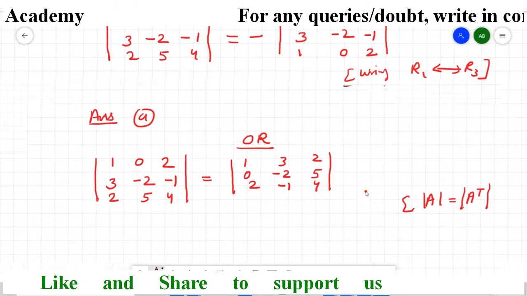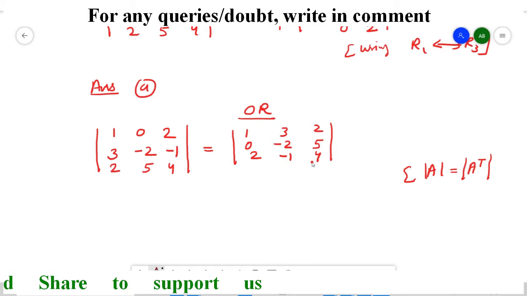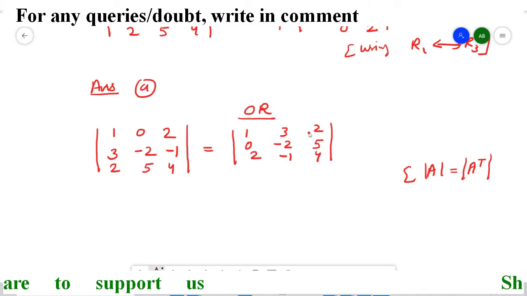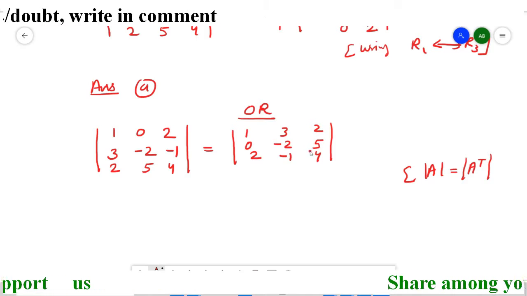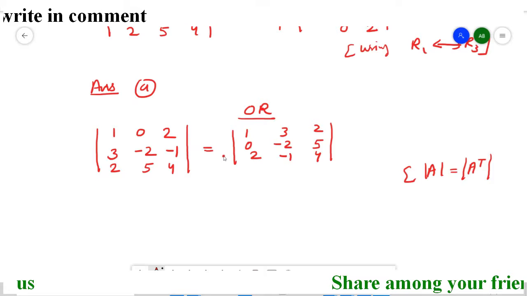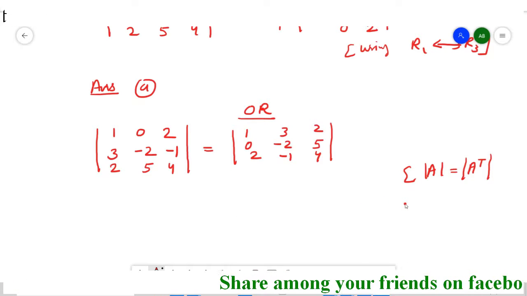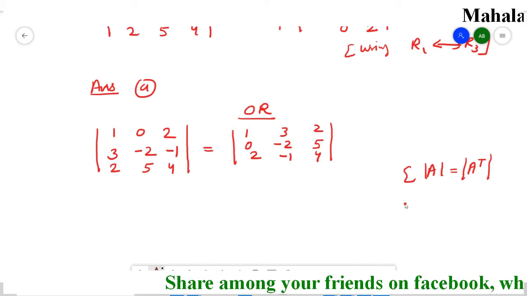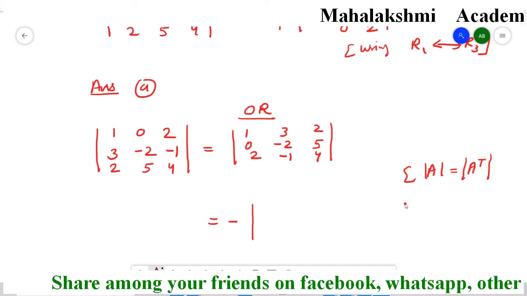Now after doing this, you just exchange the first row and the third row. When two rows mutually exchange, a negative sign appears in front of the determinant. Negative means sign changes. If it is positive, then it converts to the negative. So minus sign, because I am going to change the rows.